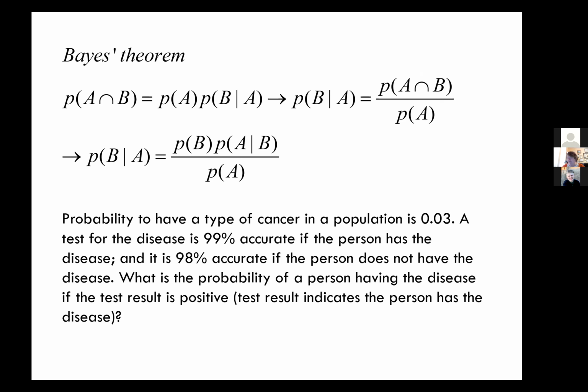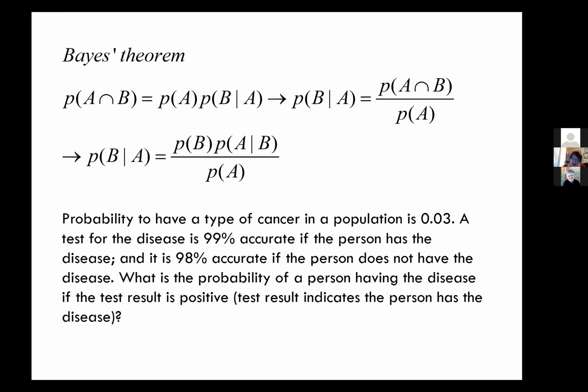All right, so let's write some things down. The probability to have a type of cancer in a population is 0.03. So the probability that I have this type of cancer is 0.03. The probability that I don't have this cancer would be 1 minus 0.03. So the probability that I don't have this type of cancer is 0.97.